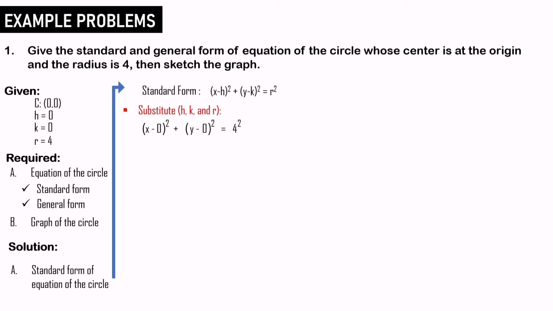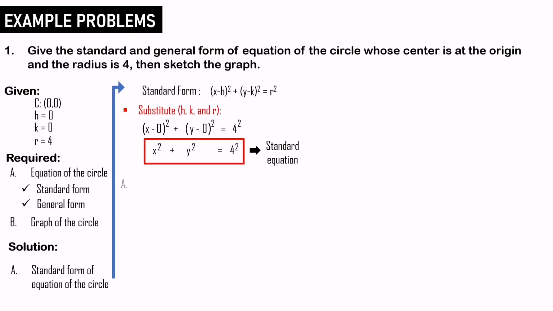X minus 0 is just x squared plus y minus 0 is just y squared is equal to 4 squared. Mao ni siya ang atoang standard equation.